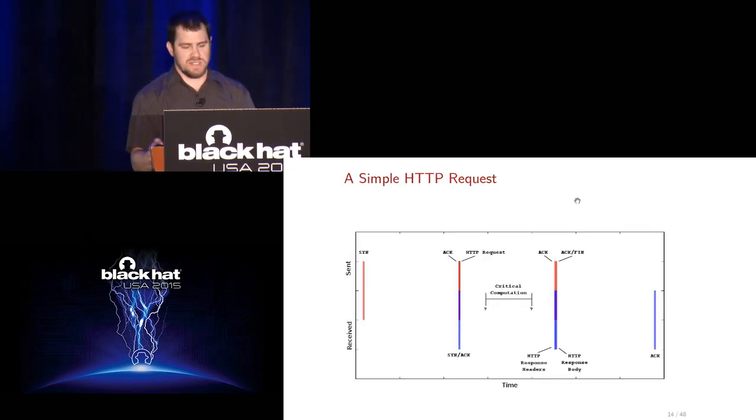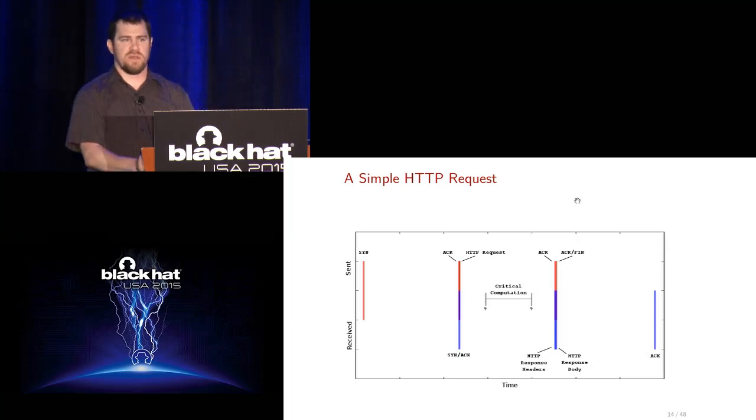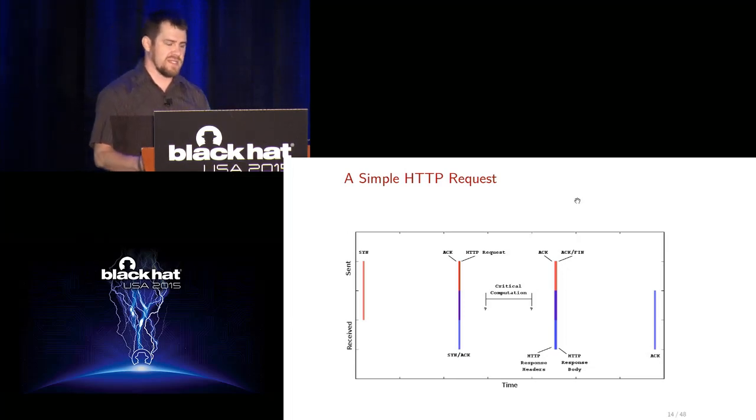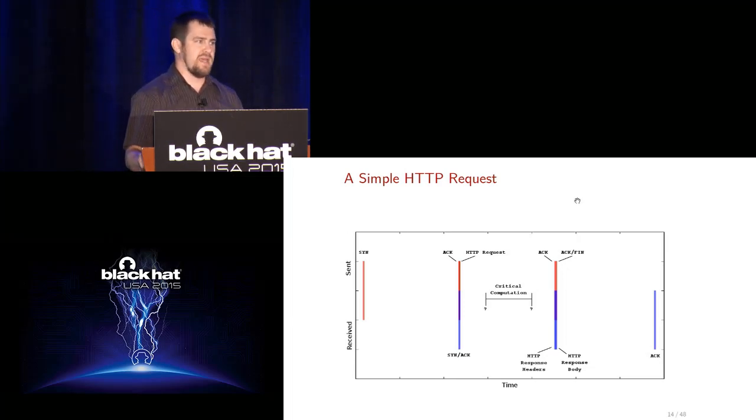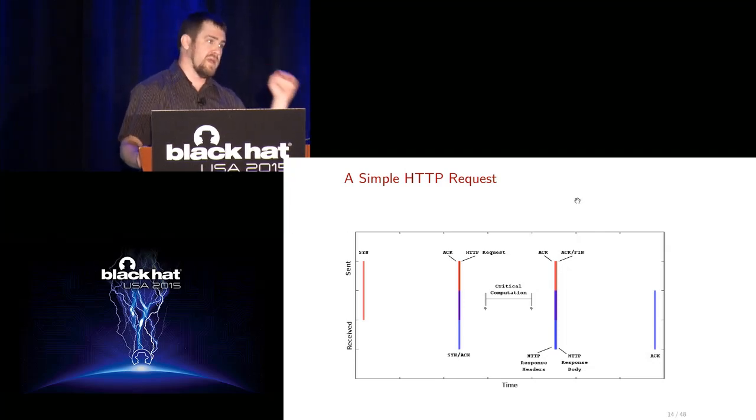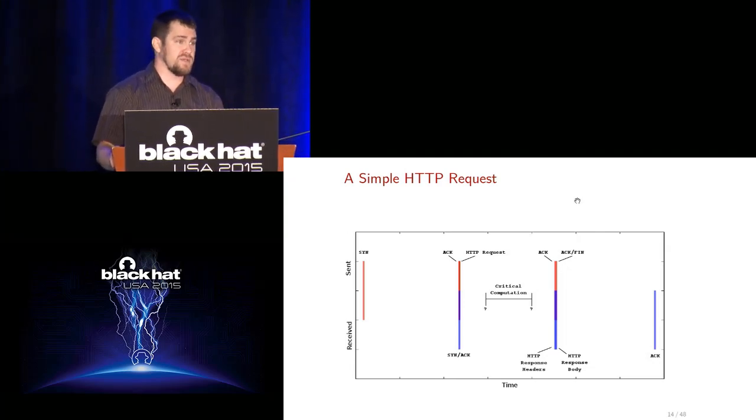And it makes sense because if you look at your typical very simple HTTP request, if you're trying to measure the round trip times directly from user space, you're just opening a connection, sending the data, measuring the time you sent it, and measuring the time when the data comes back into user space.